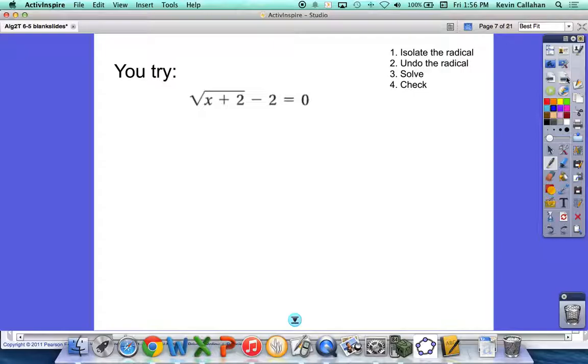Ashley, what'd you get? 2? 2 is correct. Okay, so we would add 2, square both sides, subtract 2. Again, too basic. We'll have some more complicated solving of equations after this.